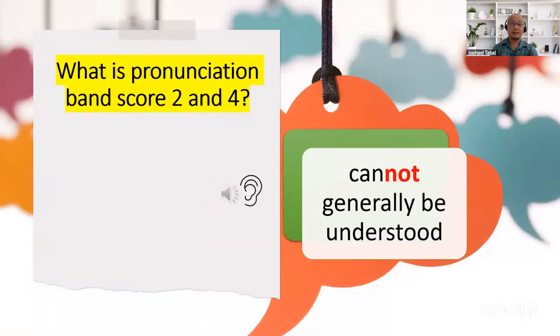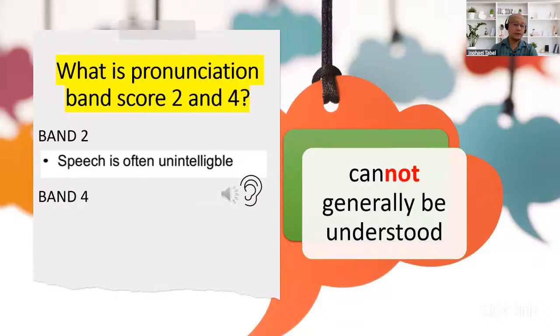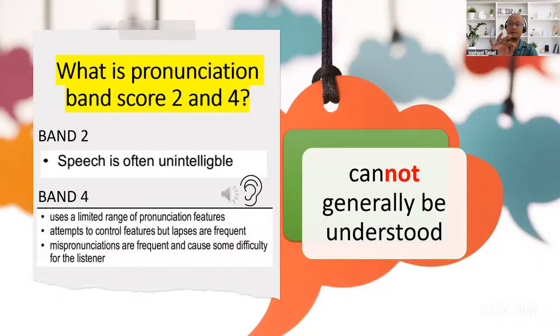Right. As you can hear, there is a very strong L1 accent. So the band score for that, if you check the criteria for speaking pronunciation: for band 2, the speech is often unintelligible. For band 4, the candidate uses a limited range of pronunciation features, attempts to control features, but lapses are frequent.